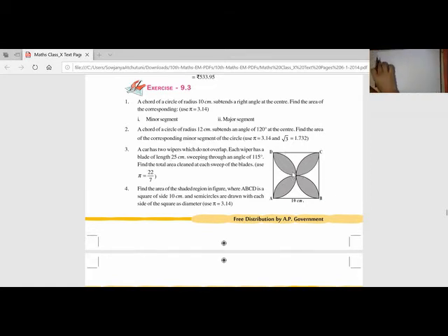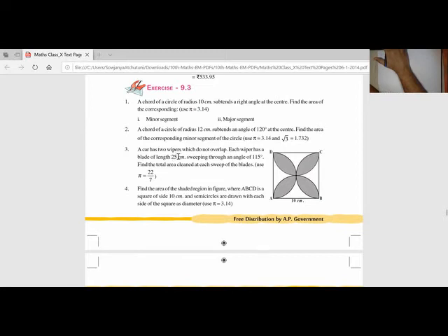Problem number 3. What is problem 3? A car has 2 windscreen wipers. This one is a wiper, this is another wiper. So it is clearing the glass, and they do not overlap.